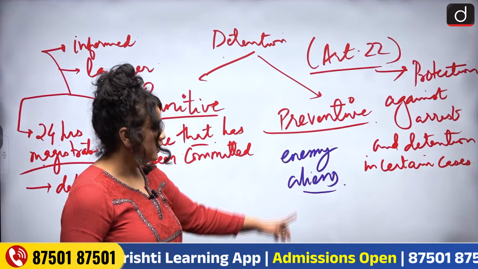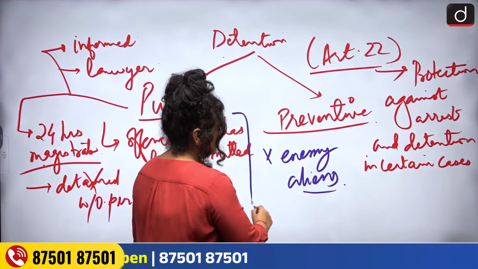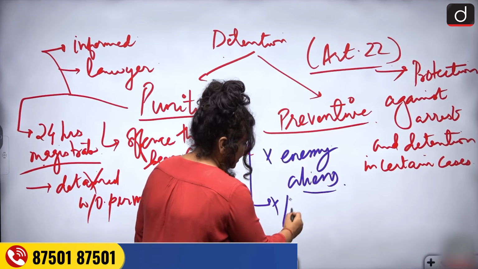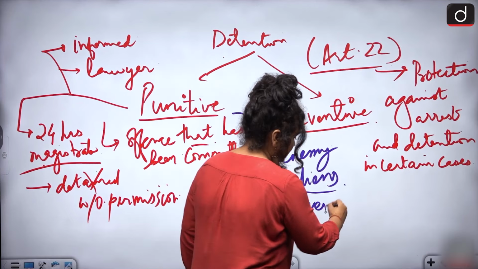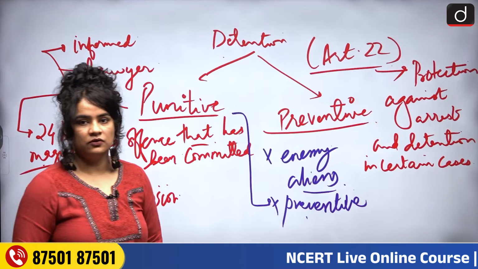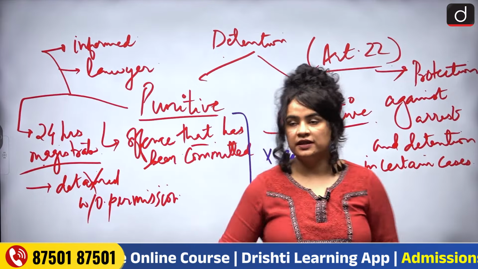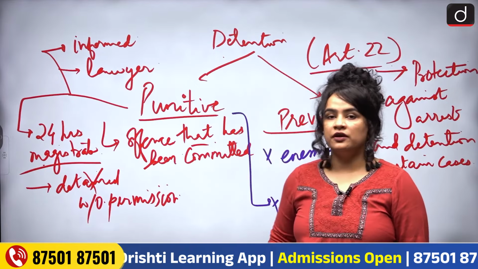Enemies of India. These do not apply to enemy aliens, and these do not apply to people who are detained under preventive detention, all right? So people who are detained under this clause cannot avail these four rights.